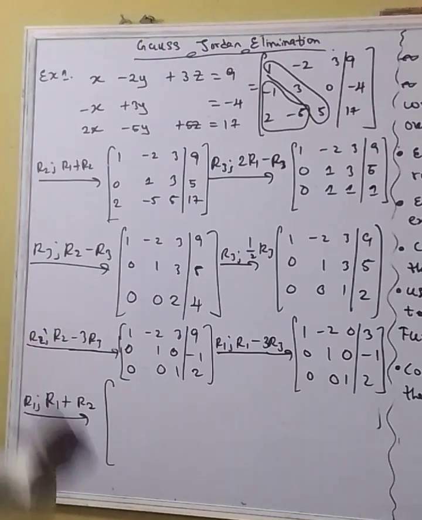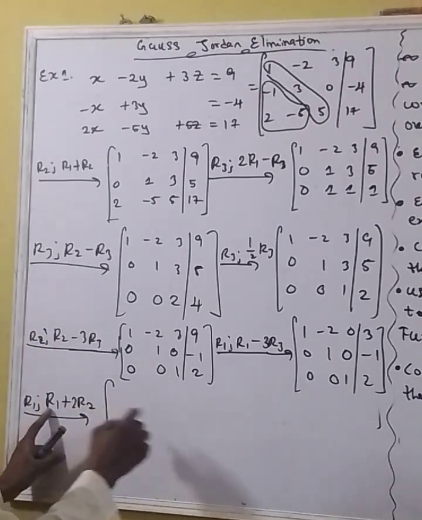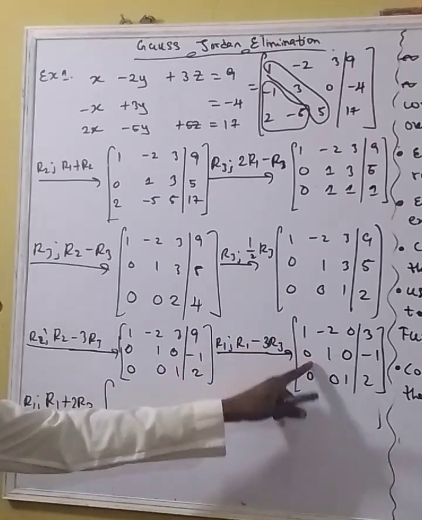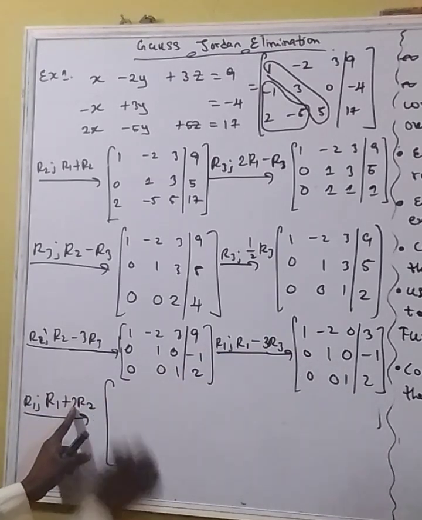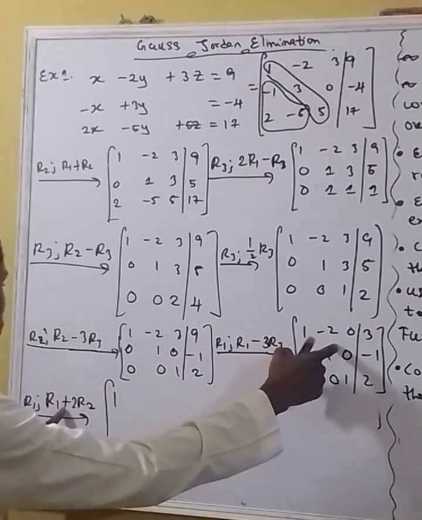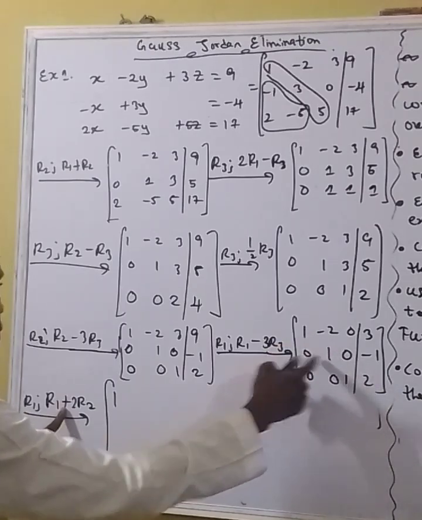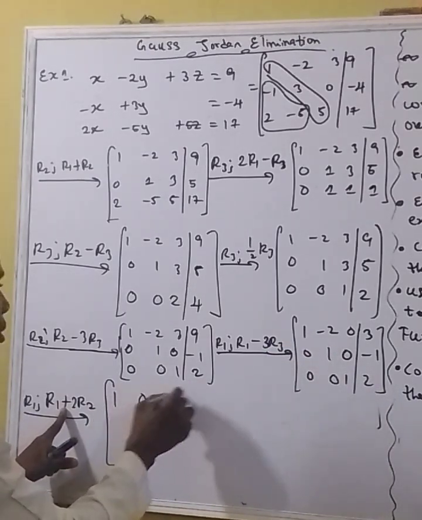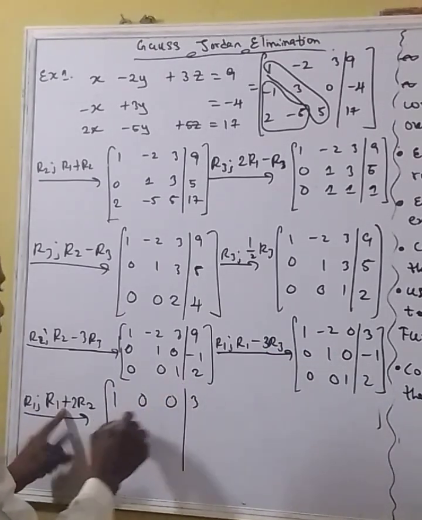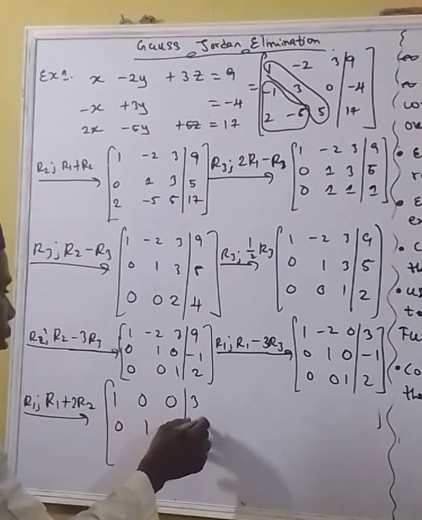No. Let's multiply this by 2 to balance the setup. So under row 1 now, 0 times this will give you 0. 1 plus 0, you have 1. 2 times 1, you have 2, minus 2 plus 2, you have 0. So this is 0, so do not forget. You have 3, this is 0, 1, 0, negative 1.